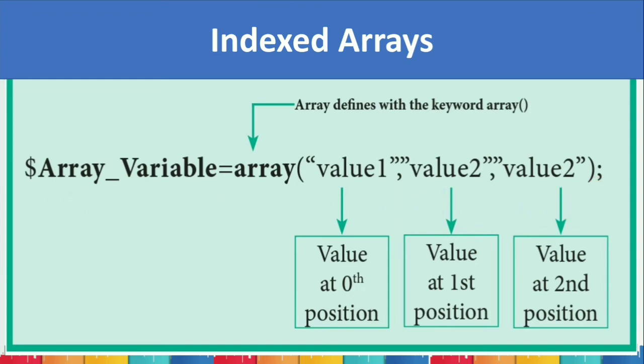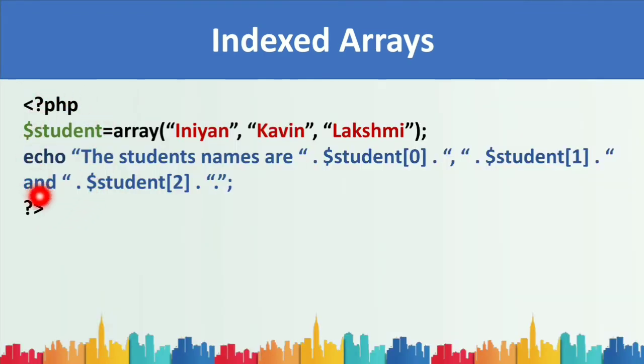Let's see an example. Now look at this program. I'll tell you how to read the program and how to write the output. It is very easy. First let us read the program. A PHP program starts with the open PHP tag, that is open angular bracket, question mark and php. The next line is the array declaration statement. The name of the array variable is student, and since it is an array variable, we use the array keyword.